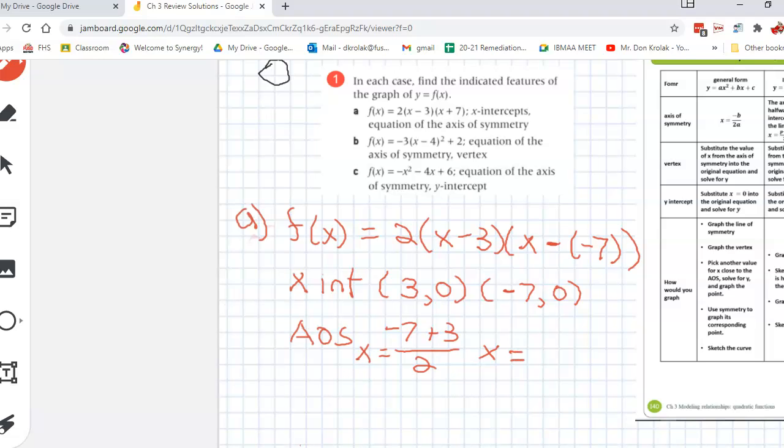So x equals -4 divided by 2, which is -2.